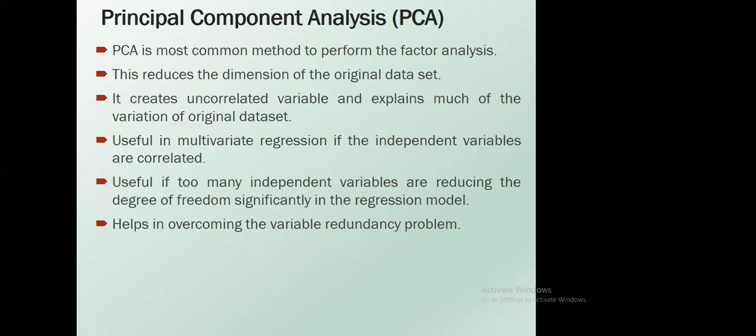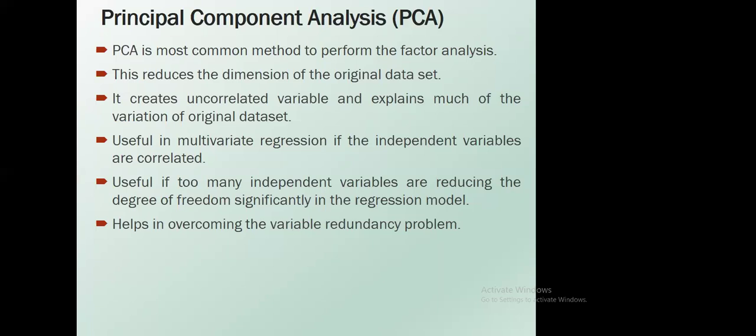First of all, it is performed on metric scale variables, that is continuous data. Secondly, it works on the concept of correlation, which we have just discussed. Variables which are highly correlated with each other are put together in one factor. So basically it performs the grouping on the basis of correlation. There should be some criteria on the basis of which you will club them.